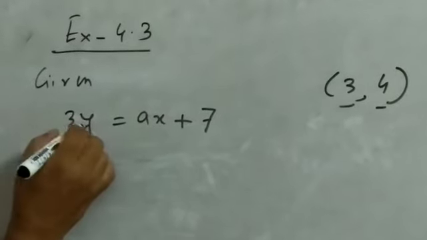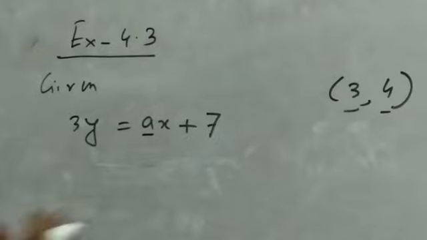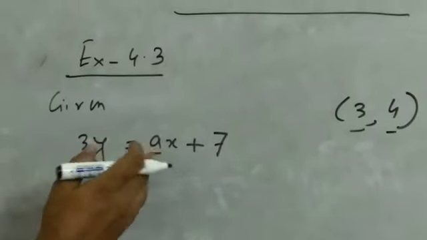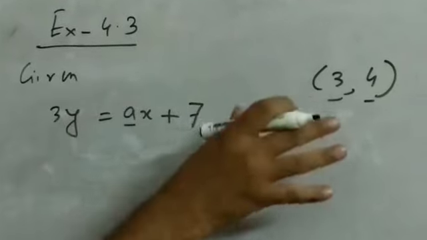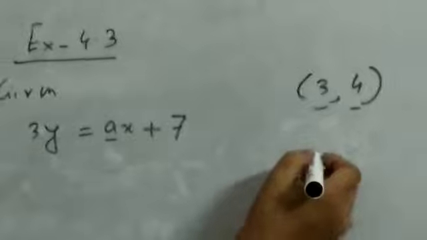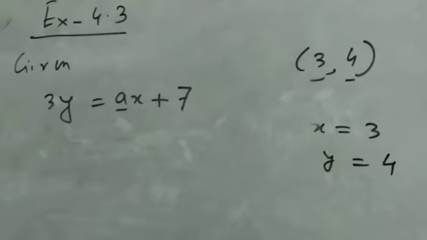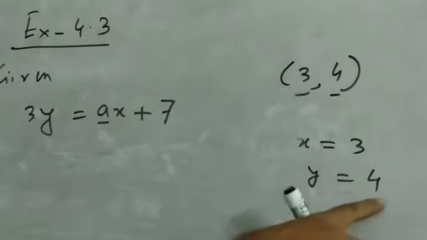So if we put the values of x and y in the respective places, we will get the value of a. This type of question is also very important, whether we have to find the value of k or p. If the solution is given, you will put it. So here the x value will be 3 and the y value will be 4. First is always the x value, second is always the y value.